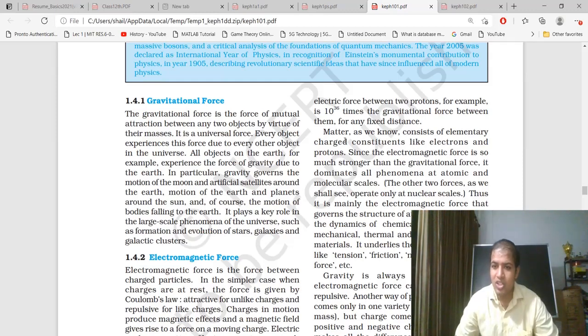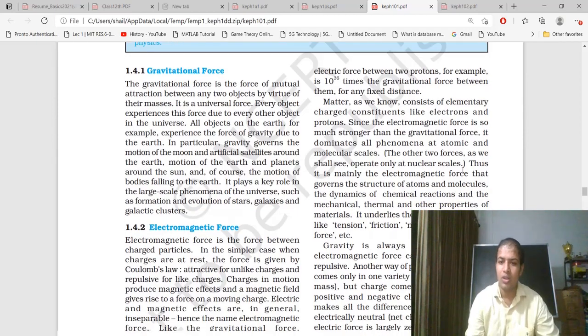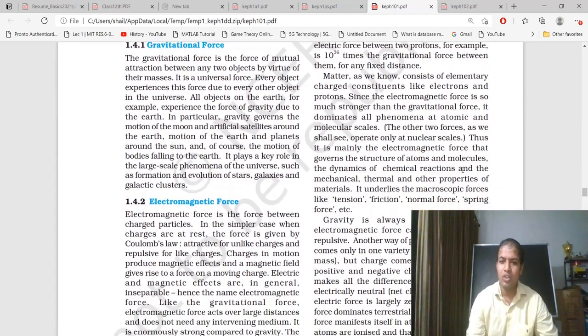Matter, as we know, consists of elementary charged constituents like electrons and protons. Since the electromagnetic force is so much stronger than the gravitational force, it dominates all the phenomena at atomic and molecular scales. The other two forces, as we shall see, operate only at nuclear scale. Thus, it is mainly the electromagnetic force that governs the structure of atoms and molecules, the dynamics of chemical reactions, and the mechanical, thermal, and other properties of materials.